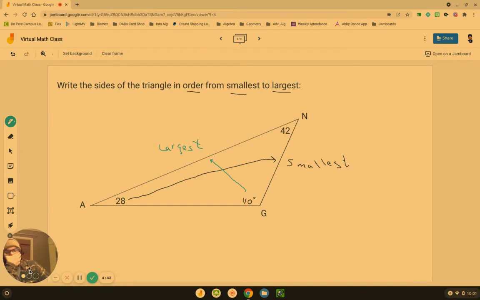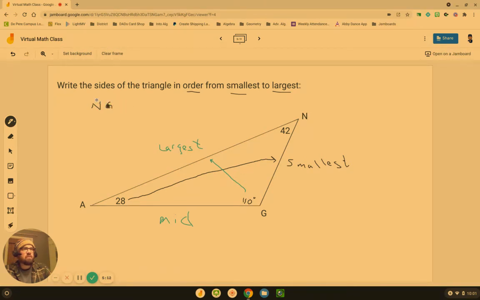And then 42 is in the middle, so that means the side opposite is the middle. Now, we've got to go back to the directions. They want us to write the sides of those triangles from smallest to greatest. Here's the smallest side, so we're going to say that that is side NG.